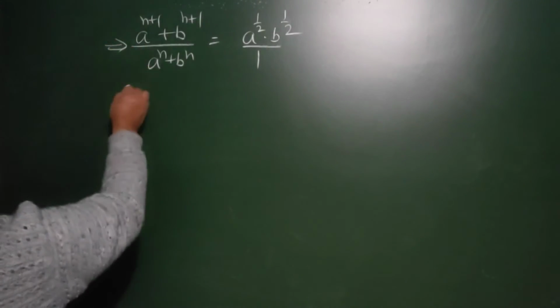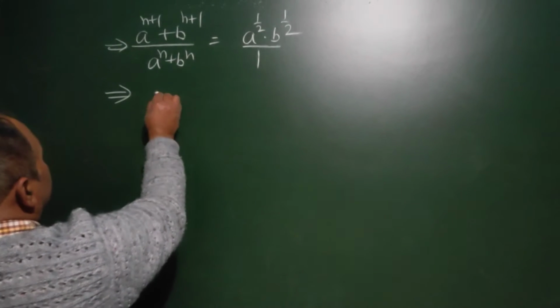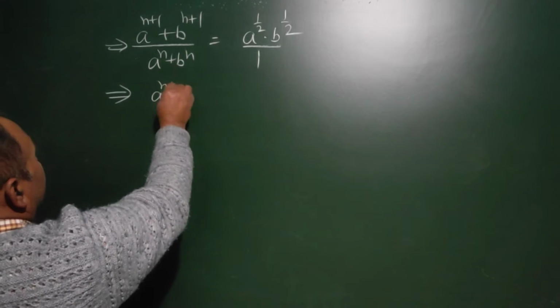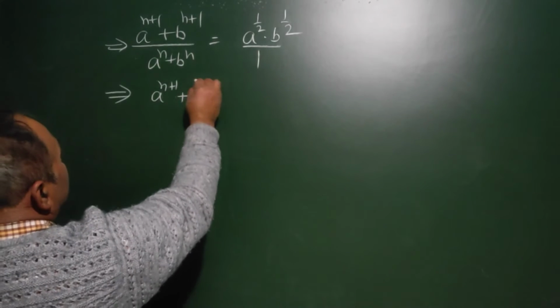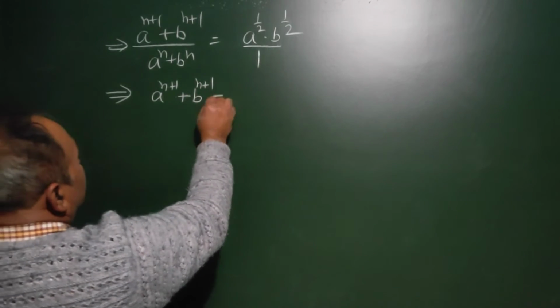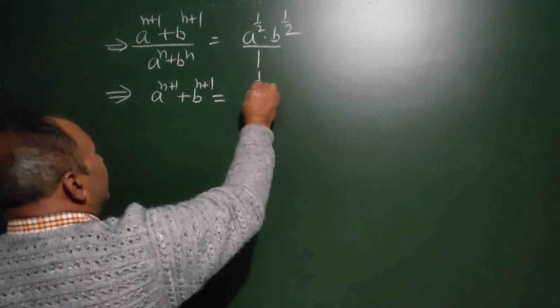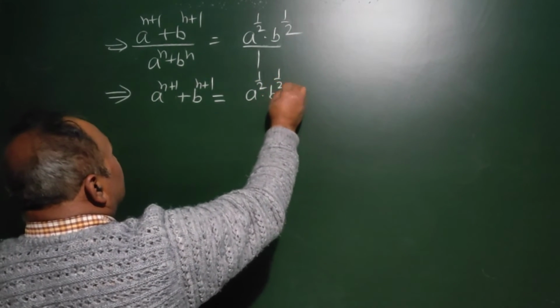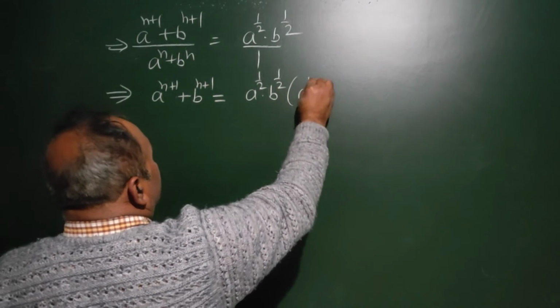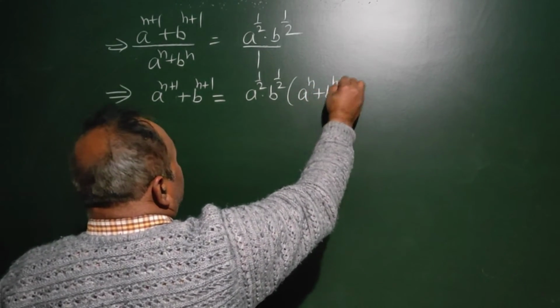Cross multiplying, we get a^(n+1) + b^(n+1) is equal to a^(1/2) into b^(1/2) multiplied by (a^n + b^n).